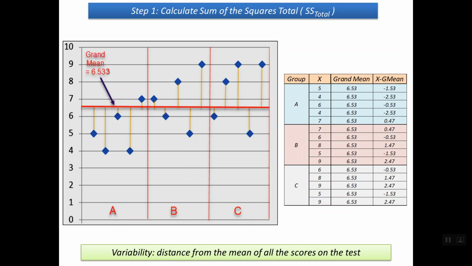For example, for this observation, which is the first observation in group A, which is 5, this is the plotting of this observation, and this is the line for the grand mean. So the distance between this observation and the grand mean is simply the distance of this line.